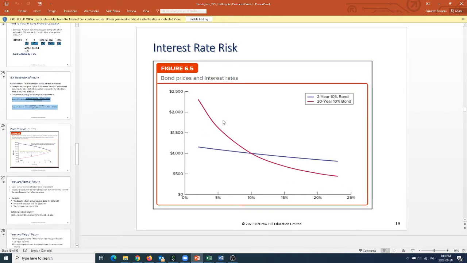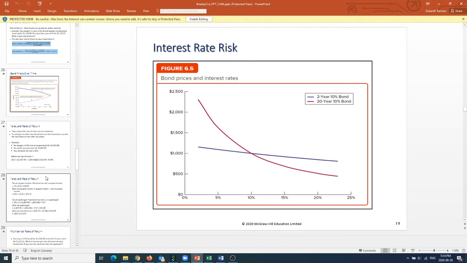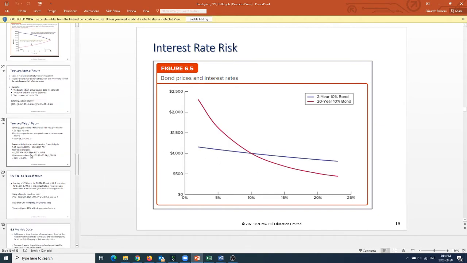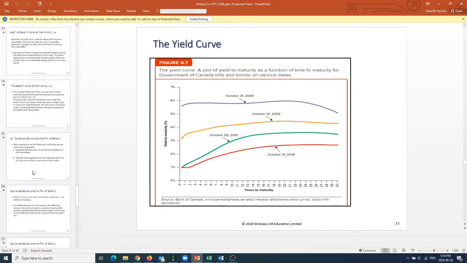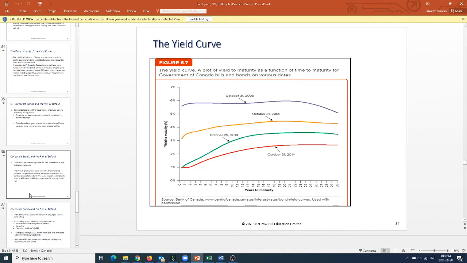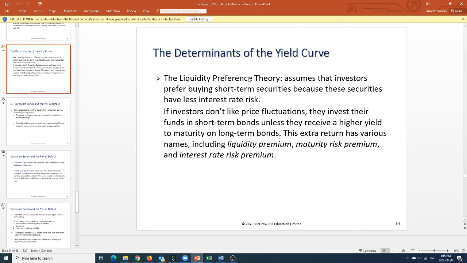So, given this relationship, why as an investor would you want to be in the longer term bond? And if the yields are somewhat similar, most investors would want to be in the short term maturity. And the only reason an investor would be in the longer term would be if they receive some sort of higher yield on long-term bonds.